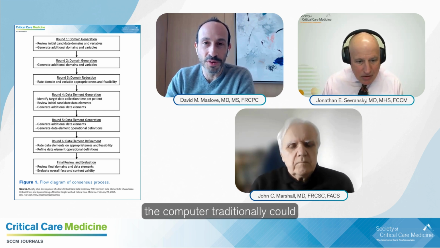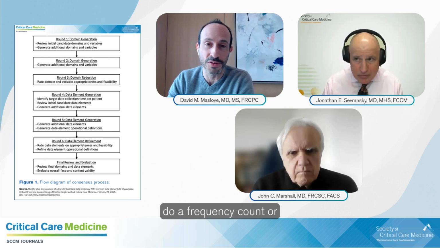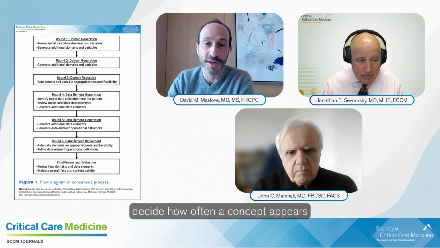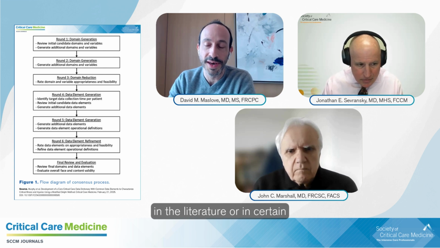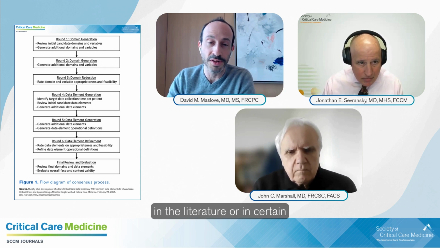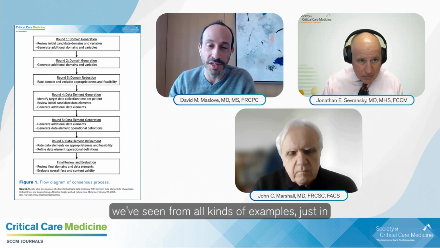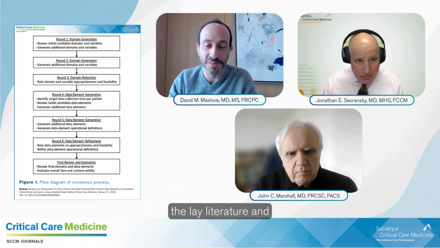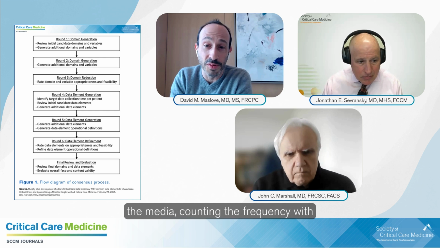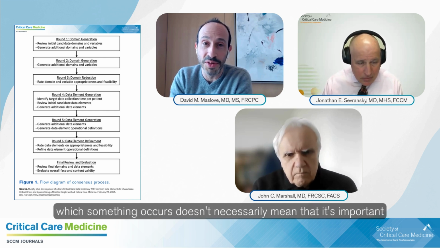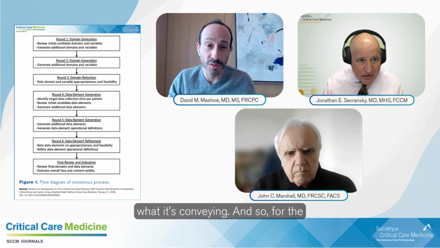Traditionally, the computer could do a frequency count or decide how often a concept appears in a certain data set or in the literature or in certain analyses. But as we've seen from all kinds of examples in the lay literature and the media, counting the frequency with which something occurs doesn't necessarily mean that it's important or that we truly understand what it's conveying.